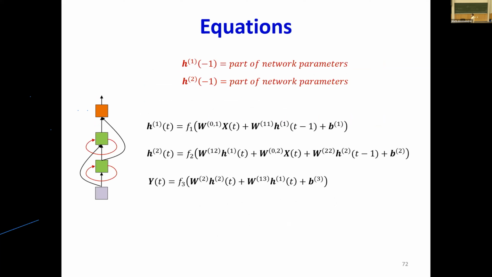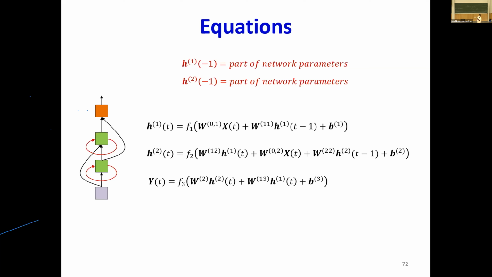Here is a more complicated model. So once again, the first hidden state is computing an affine function of the input and the hidden state of the previous time, and then applying an activation to it. The second hidden state is computing an affine function of the output of the first hidden state, the input, and the second hidden state at the previous time.